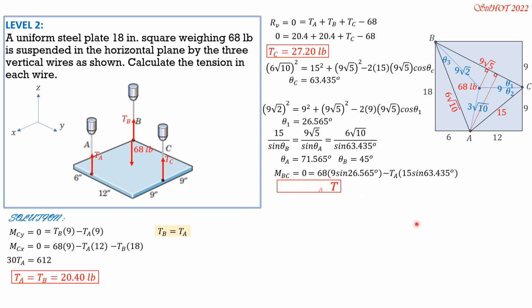So from here we can solve tension A, which is equal to 20.4 pounds, by scalar approach and by trigonometry.